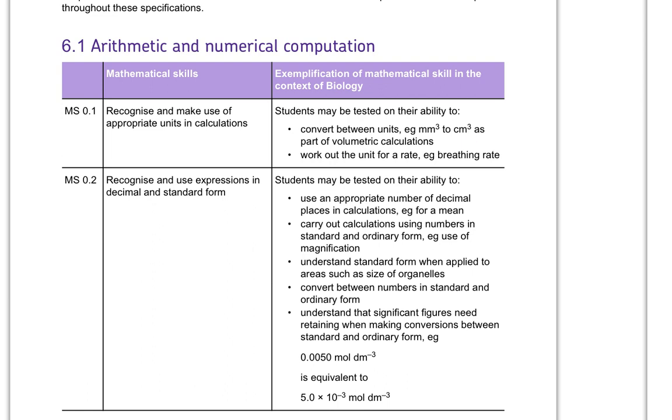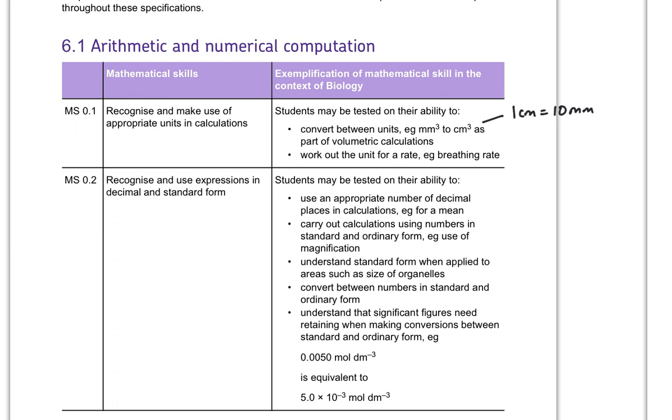Again, people struggle with this, just with dimensions 1, 2 and 3. So for example, on this millimetre cubed to centimetre cubed, a little tip is just to say that 1 centimetre equals 10 millimetres.